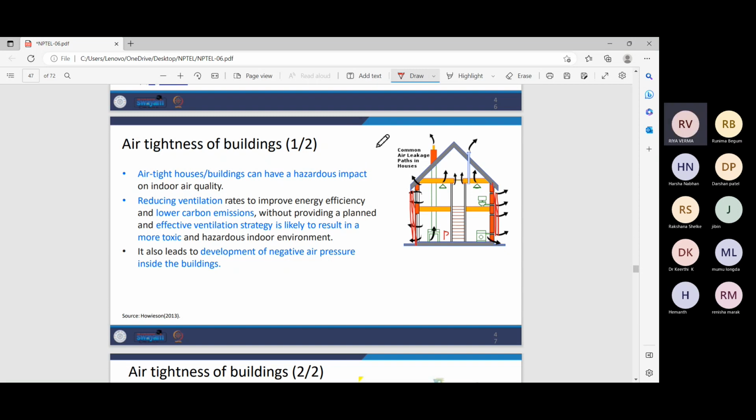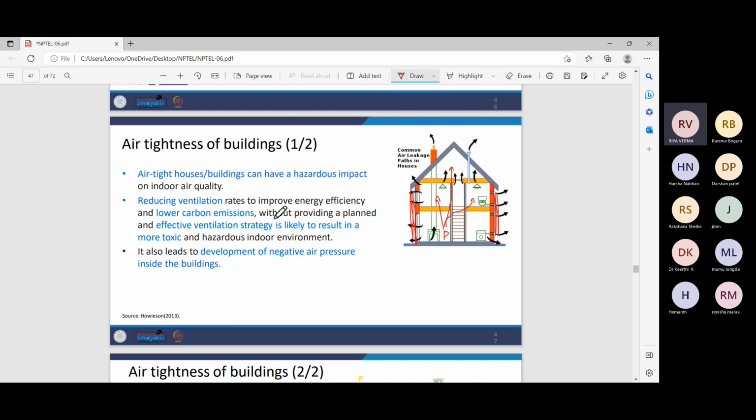And since it's not properly ventilated, or this building is airtight, this level of pollution P will start spreading throughout the building. It will go upwards, and then the entire building will be affected by this pollutant, and thus it will have a hazardous impact on the indoor air quality.